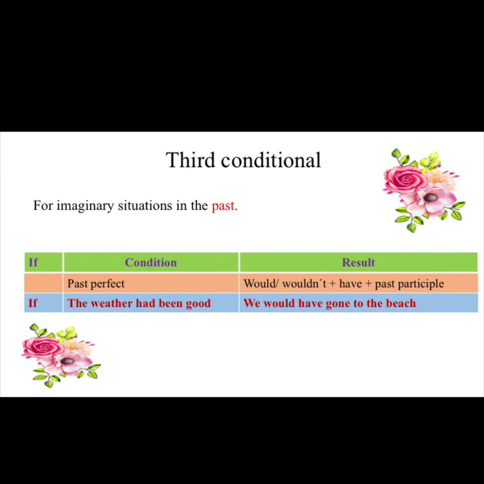So the structure is, in the if clause, we are going to use the past perfect. And for the main clause, we are going to use would or wouldn't plus have plus the verb in the past participle. See the example. If the weather had been good, we would have gone to the beach.